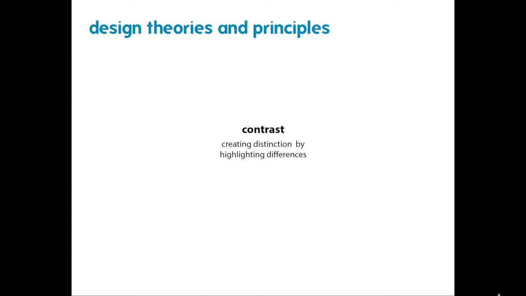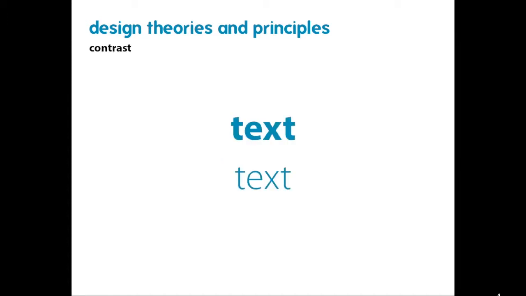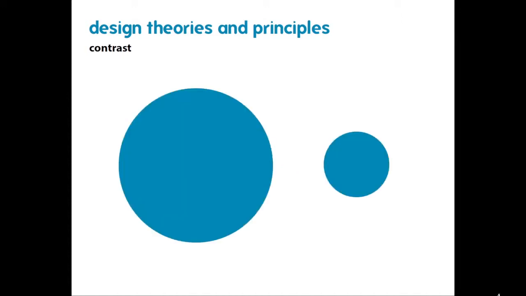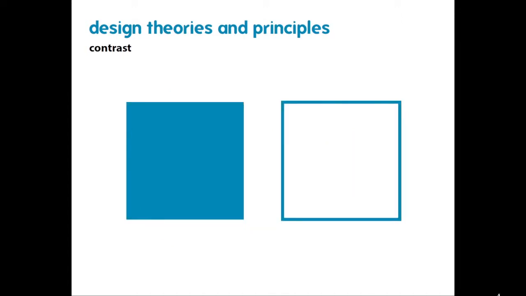Contrast is the next concept, and that's the concept of creating distinction by highlighting differences. These differences can be in many different forms. You can have different weights of text between a bold and a light. You can have different shaped objects, a big object versus a little object, or even a color. You can have something that's full or something that's empty.